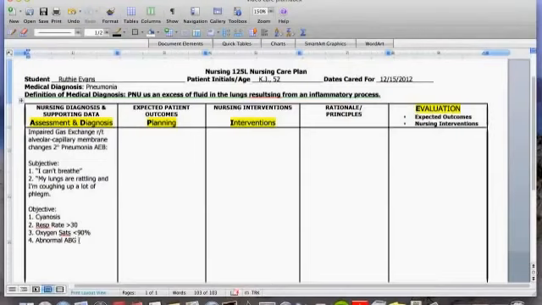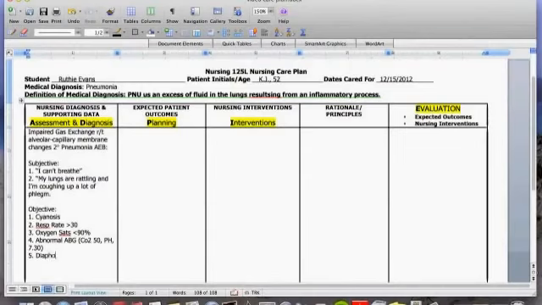Let's say her CO2 was 50, and maybe her pH was acidic, so let's say 7.30. Just roll with me here.